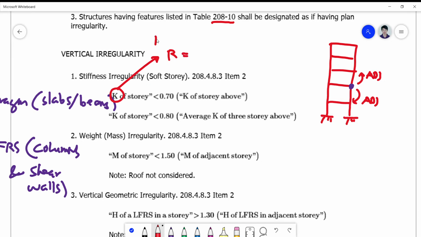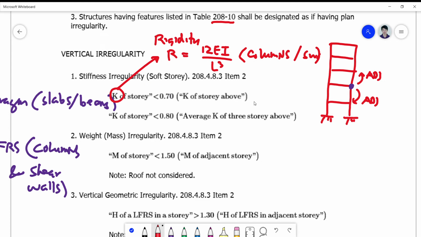Remember our computation last time about rigidity, which is basically 12EI over L cubed for columns and shear walls. If the K of the story is less than 70% of the K of the story above, specifically above, then you have a soft story.